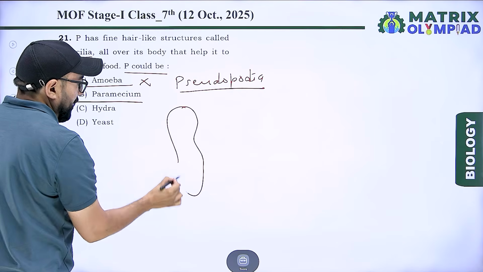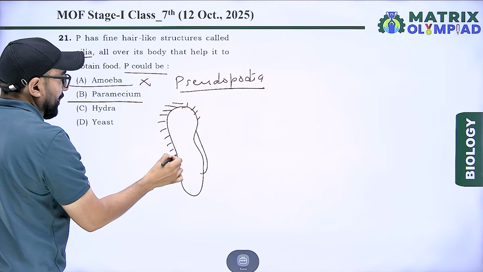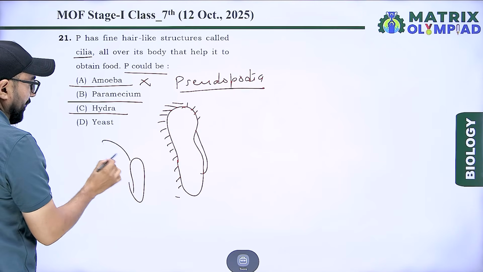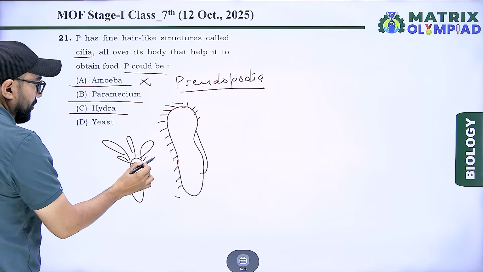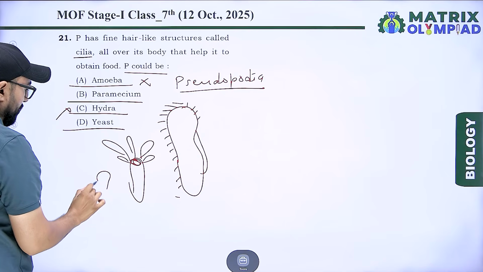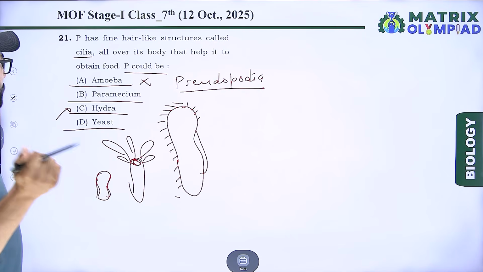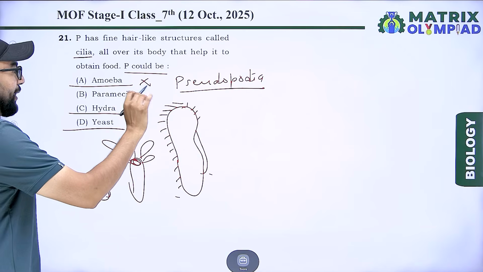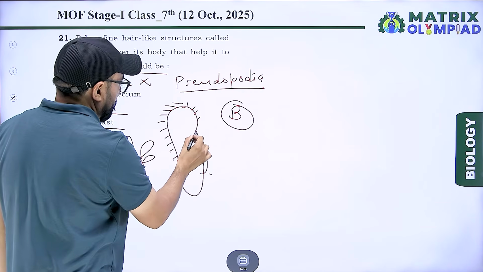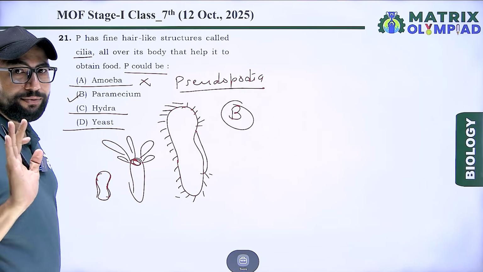Paramecium contains cilia structure that help in engulfing food. Hydra contains tentacles, so this is wrong. And yeast, no structure found, but surface area helps in obtaining food. So our right answer is option B, paramecium. Paramecium contains cilia all over its body to obtain food.